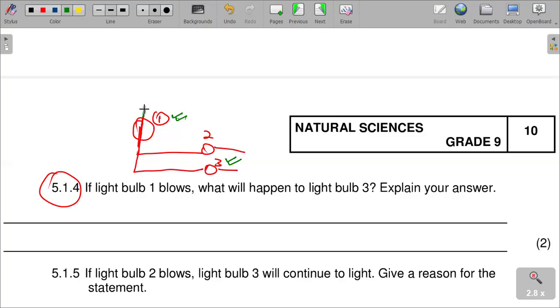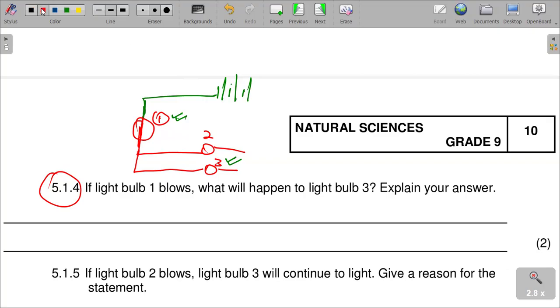If you draw this diagram, we have got our torch cells that are given there. If light bulb 1 blows off, bulb 3 will also go off, because bulb 1 is connected in series. So obviously if it blows off, there is a gap in the circuit.